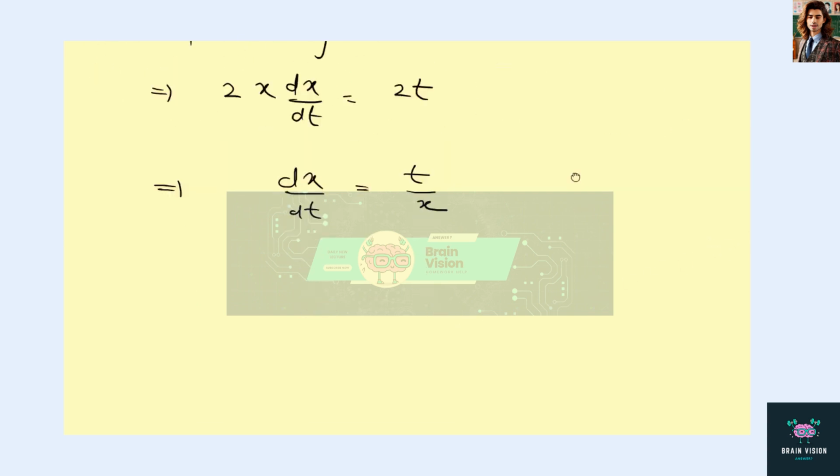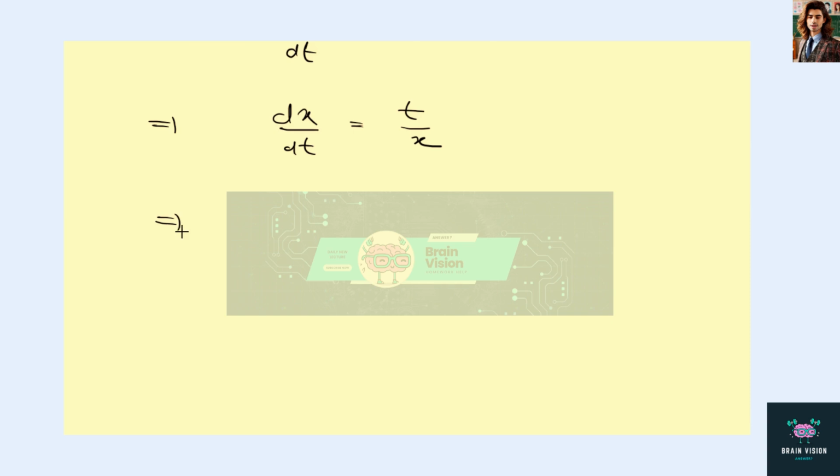Now I'm going to differentiate it again, so we can say that this is d2x upon dt square. Differentiating this, it comes out to be (x minus t times dx by dt) upon x square.